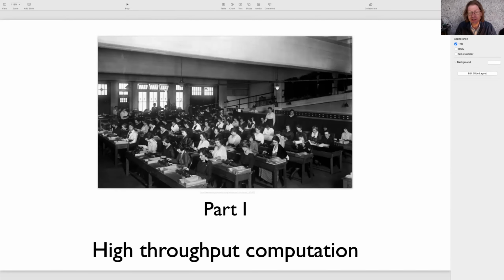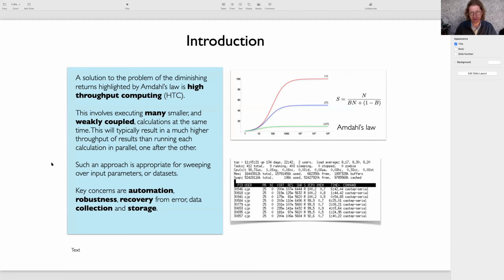Or alternatively, each of those computers could just be working on their own problem, just beavering away. And then at the end of the day, someone goes around and picks up all the results from the trays, and they have like 100 different solutions or problems solved. So the first version would be what's known as parallel computation, and the second version is what would be called high throughput calculation.